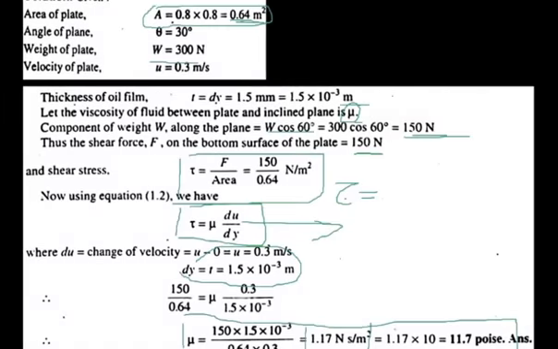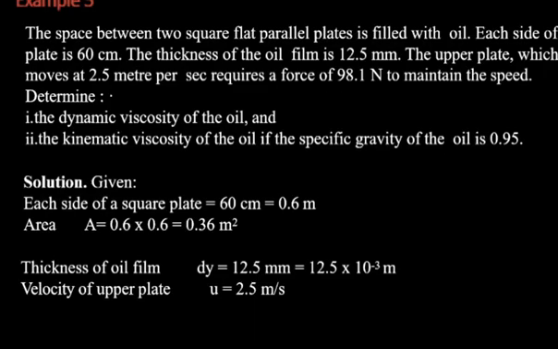So next example, let us see the last example. Here the space between two square flat parallel plates is filled with oil. Each side of the plate is 60 cm. The thickness of the oil film is 12.5 mm. So the thickness t is 12.5 mm.